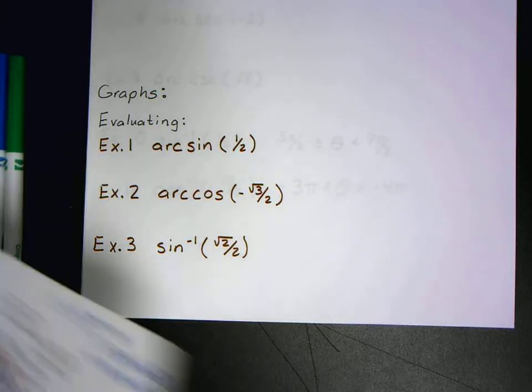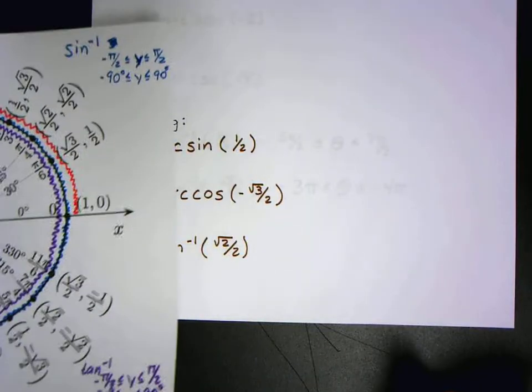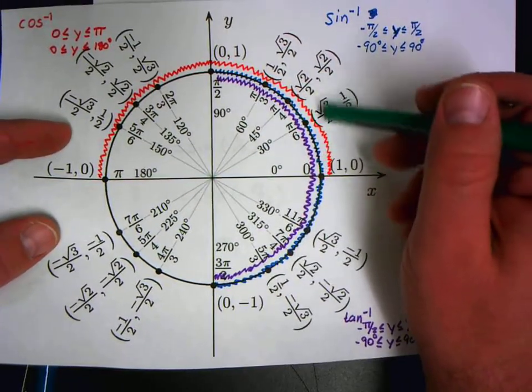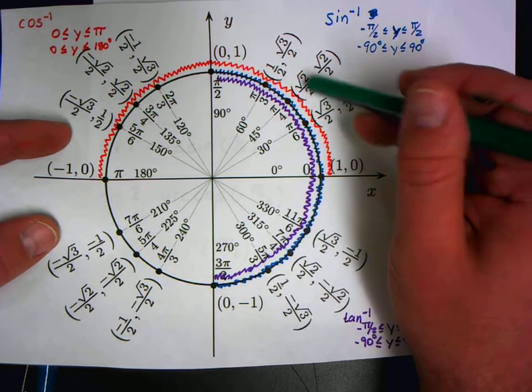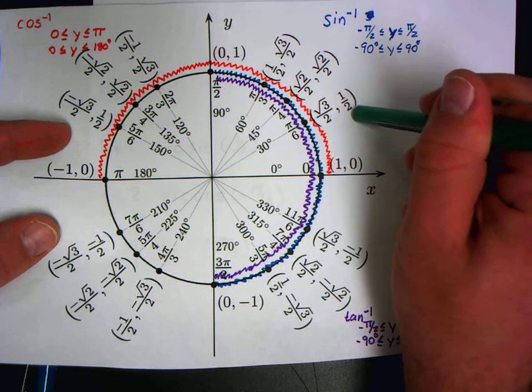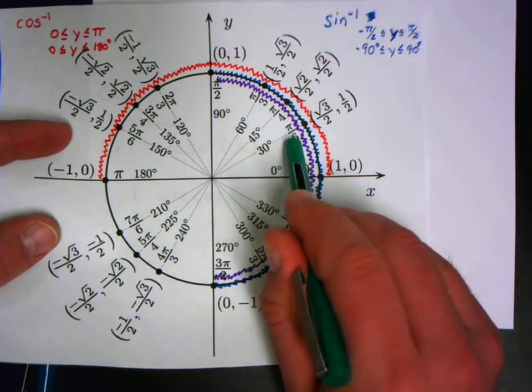So if I'm looking for arcsine of 1/2, what that means is I pull up my graph or my chart. Sine is the blue one, so I look for where sine would equal 1/2. Sine is y, so sine equals 1/2 right there. So my answer would be pi/6.